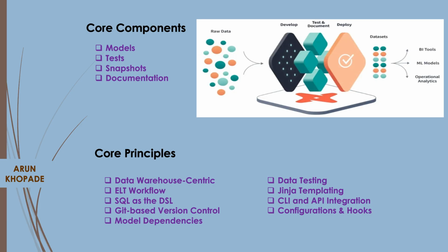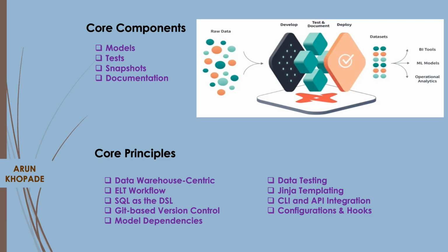Then Jinja templating. We need to understand what templating is. Templating is a certain piece of code, maybe some SQL snippet, that will be reused in other models, other applications, or other projects.